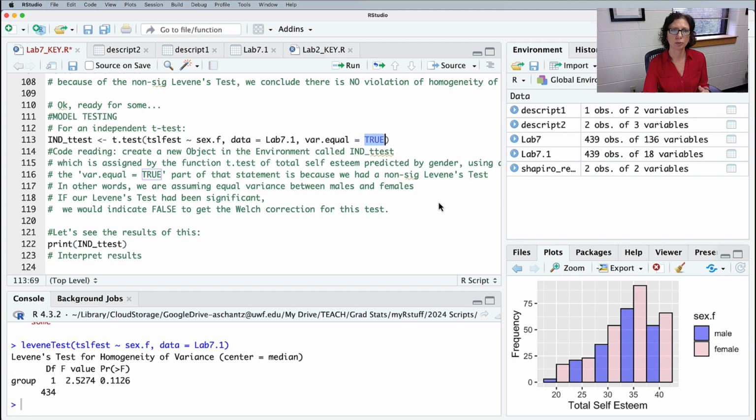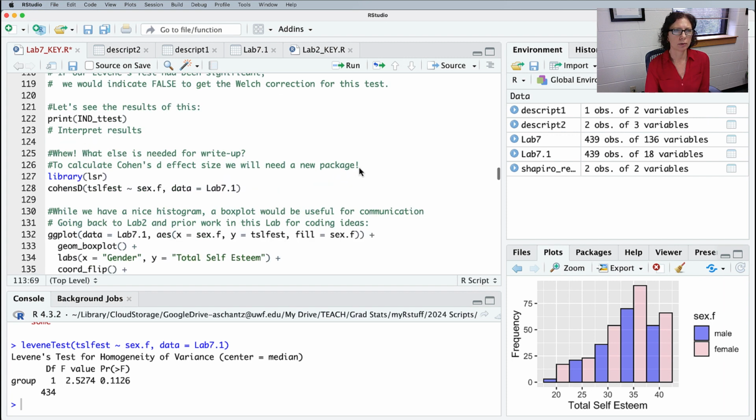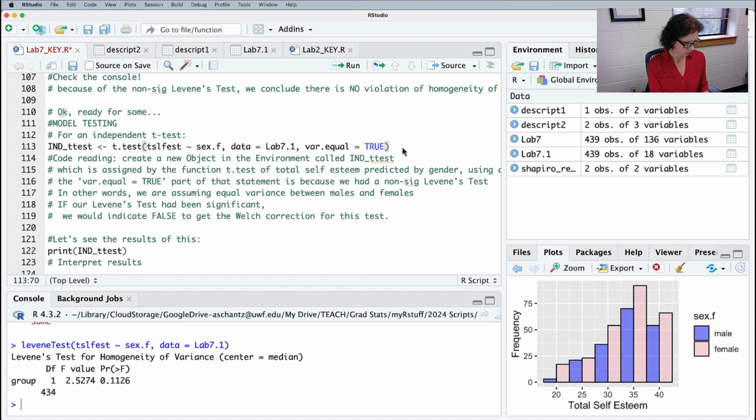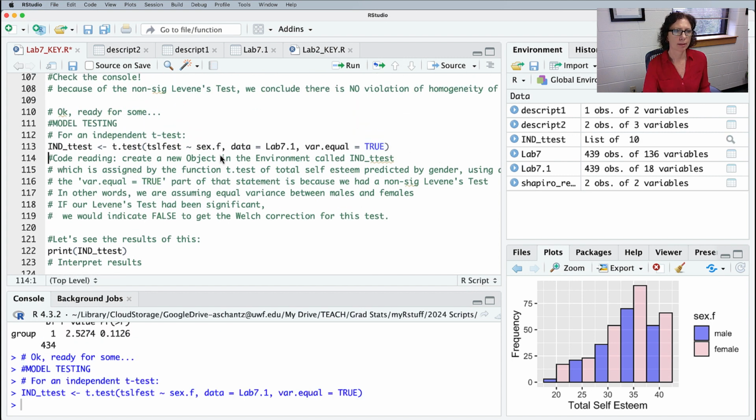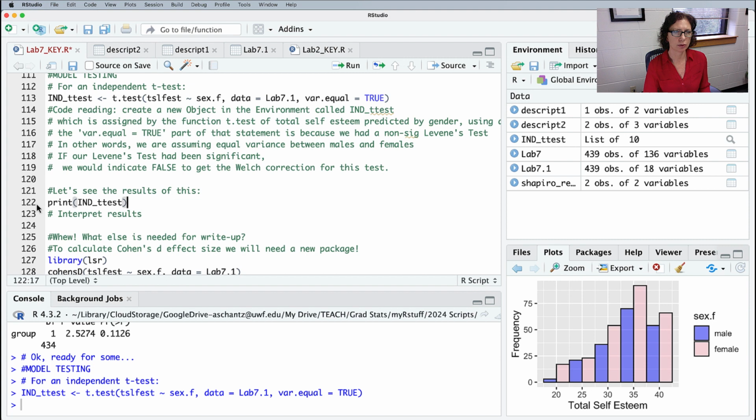And what happens when you put a false there, it runs a different type of correction onto the t-test estimation. It's called a Welch's correction. We need to run this, and then to see the results, we have to print it into the console.